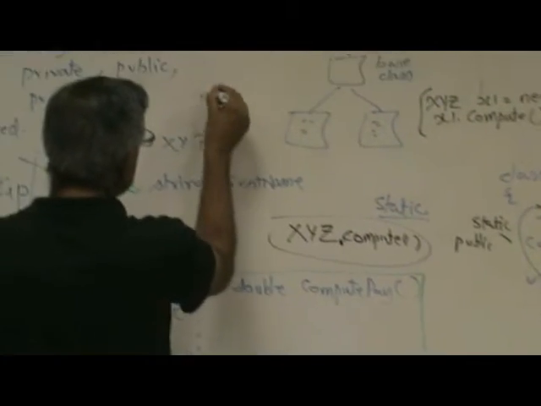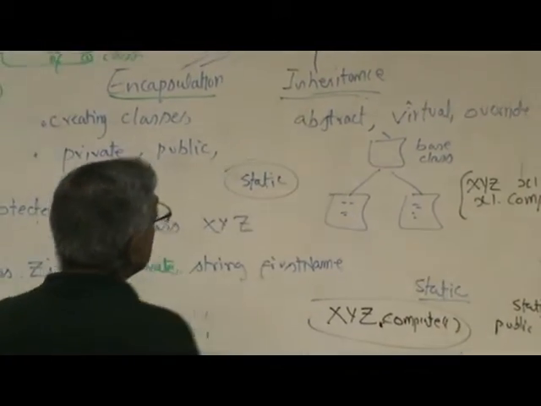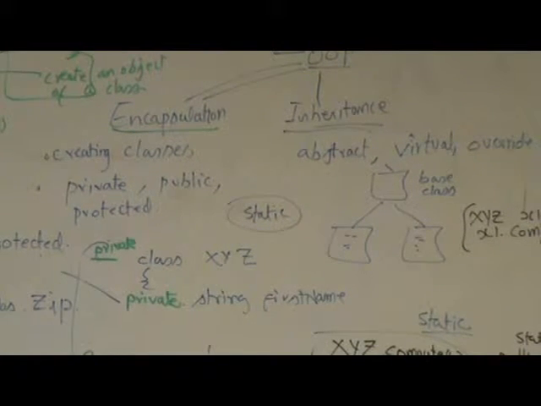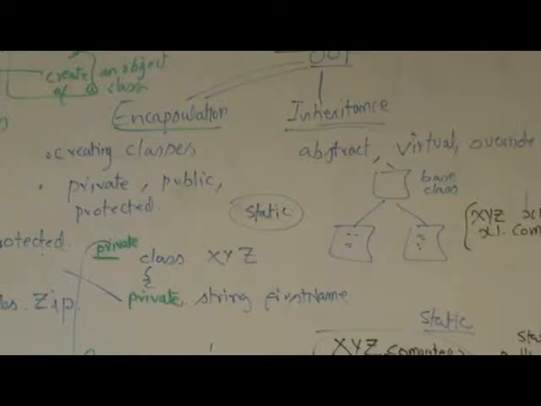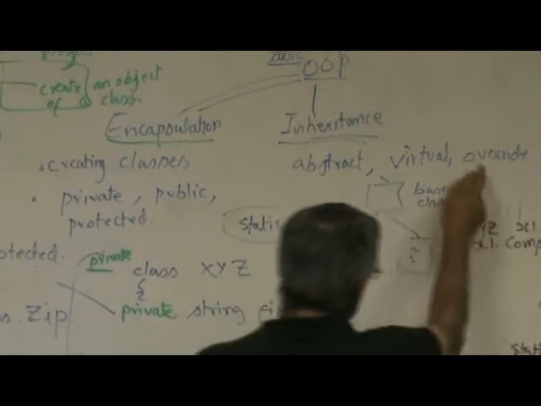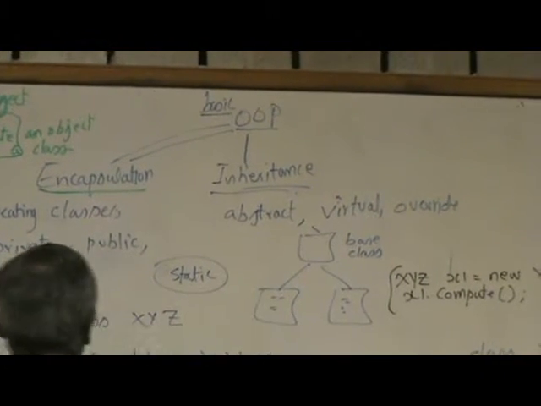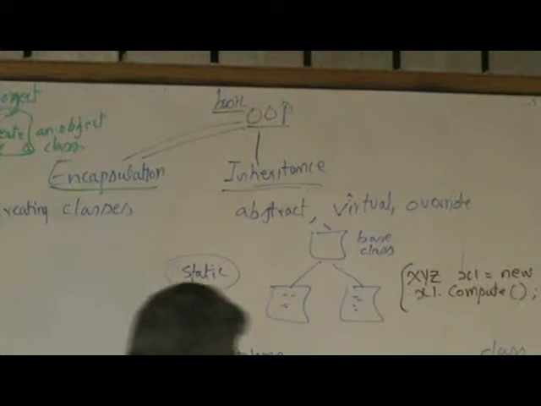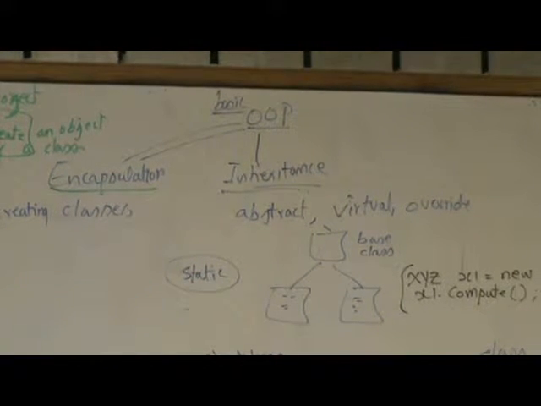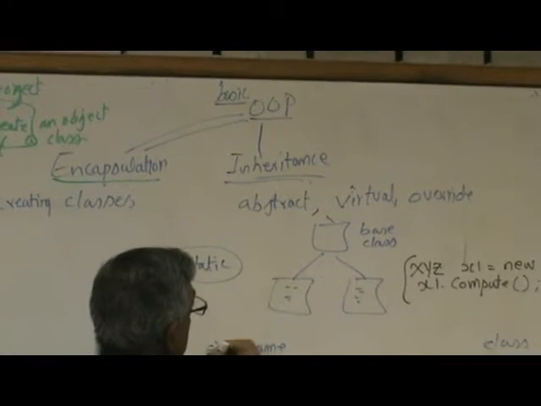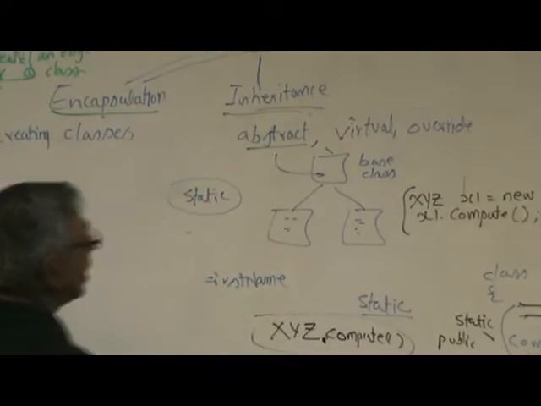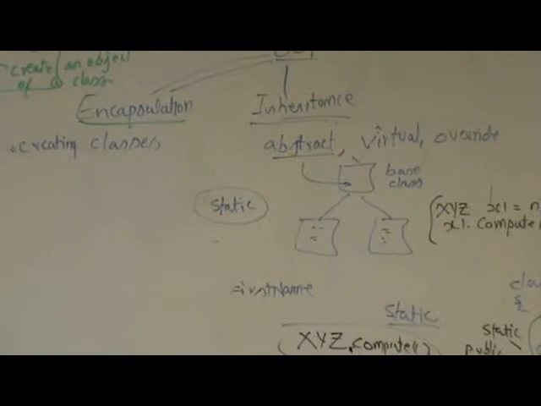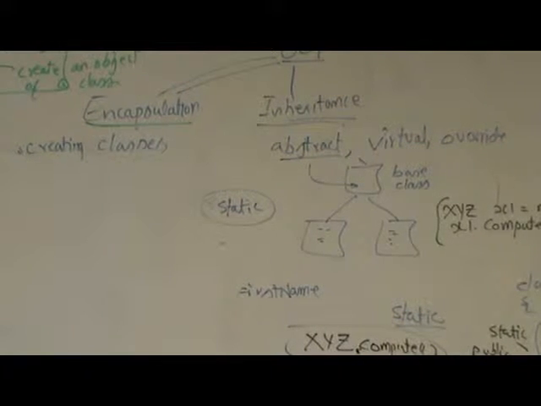So the bottom line is that we have to understand all these keywords: private, public, protected, static, abstract, virtual, override. Very briefly, when do we use abstract, when do we use override? We already discussed that if we are creating a base class, then this will be marked abstract. Inside the base class, we can still have abstract methods, but not abstract data.